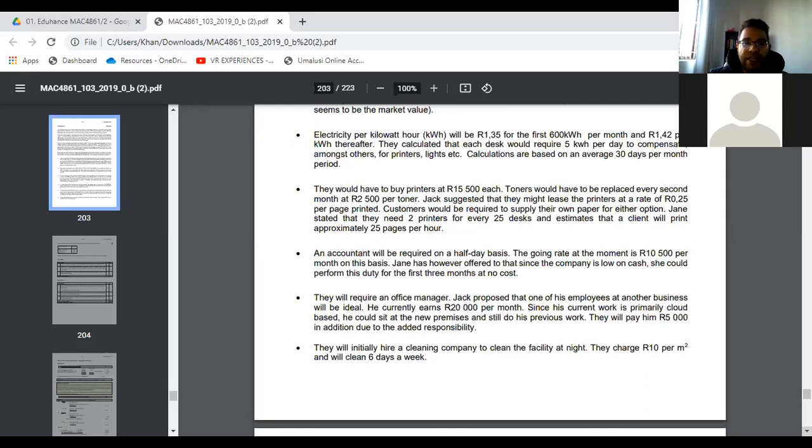Okay, so now this here is a nested decision. They can either buy the printer or they can lease the printer. So we're already busy with a relevant costing question, and now they have another relevant costing within a relevant costing. The entire question is a relevant costing question, but within it, this over here is another relevant costing question.